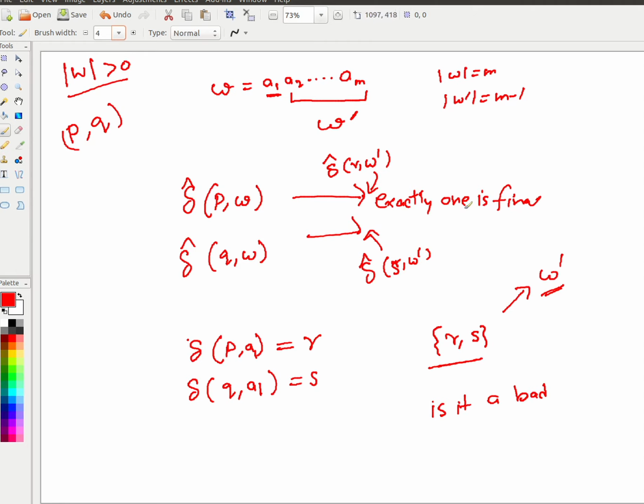Because exactly one of them is final, based on W dash you can always say that R and S are distinguishable. If they are distinguishable in reality, you already have a proof. Can R and S be a bad pair? Why not?